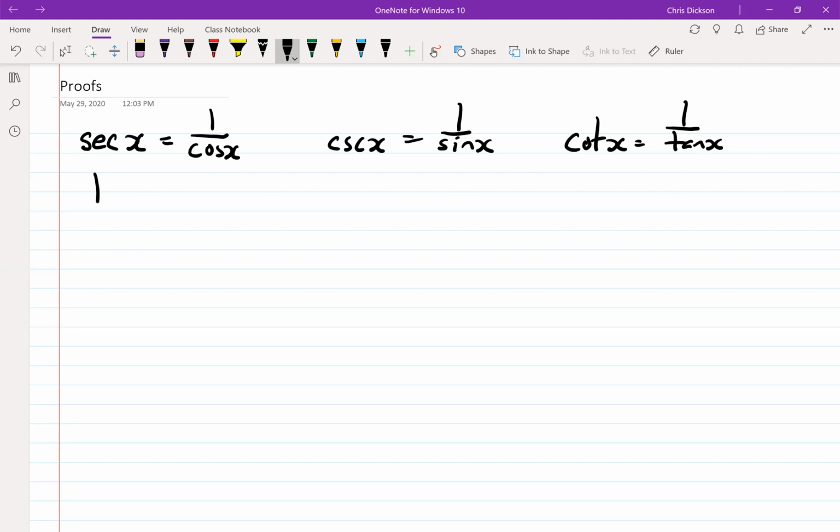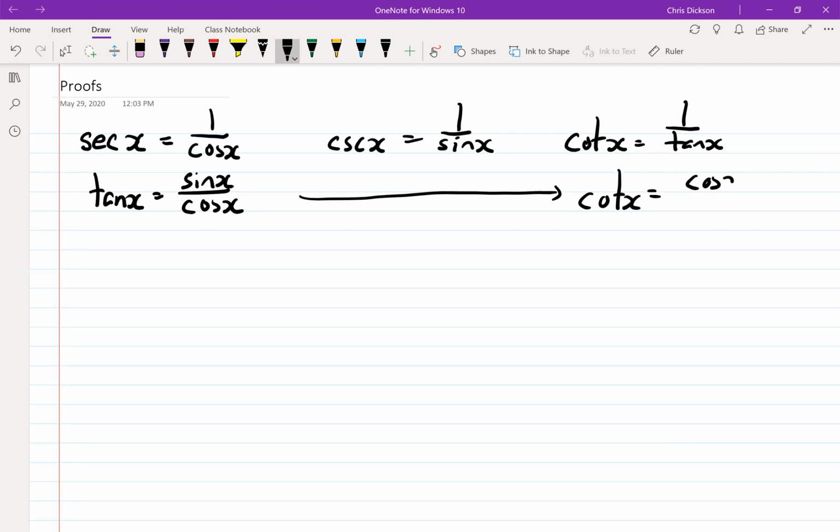But we also looked at how the tangent of x was equal to y over x, which is the sine of x over the cos of x. And of course, the cotangent, if it's 1 over tan, then we could take the reciprocal of that, and that would give us cos x over sine x.